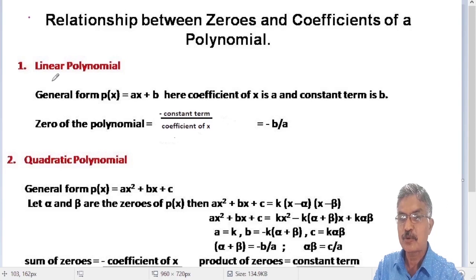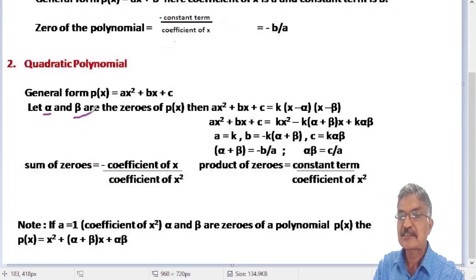Next, we will take a quadratic polynomial. The general form of a quadratic polynomial is ax square plus bx plus c. Let alpha and beta, these are Greek letters, be the zeros of p(x). Then, by splitting the middle term, that is the factorization we studied in 9th standard, if you have any doubt in that part, you can refer to my previous video.